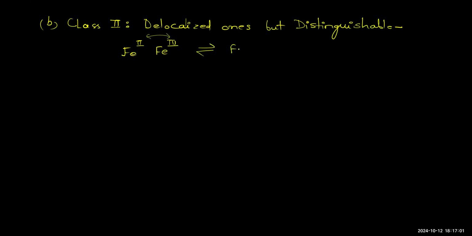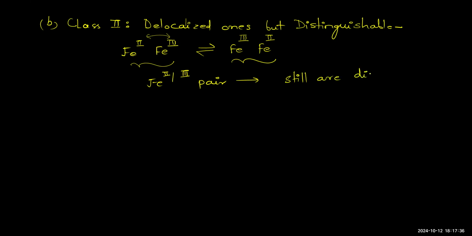Iron 2 will go to iron 3 by giving one electron, and iron 3 will take one electron, reducing itself to iron 2. So this has been delocalized, but still we started with Fe2, Fe3, we ended up with Fe3, Fe2. So the Fe2/Fe3 pair is still distinguishable because they are maintaining two different states, right?